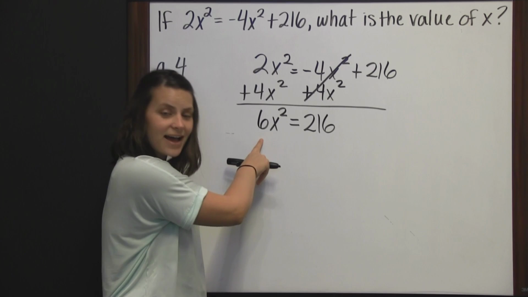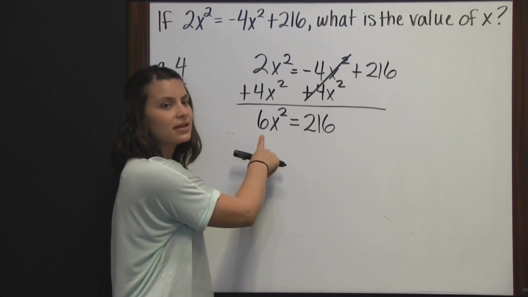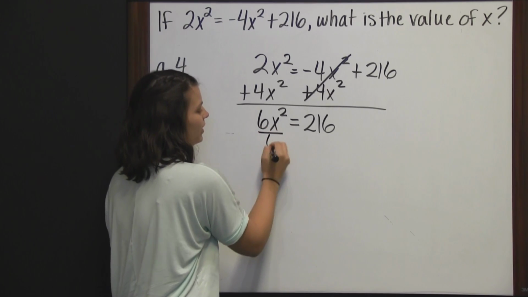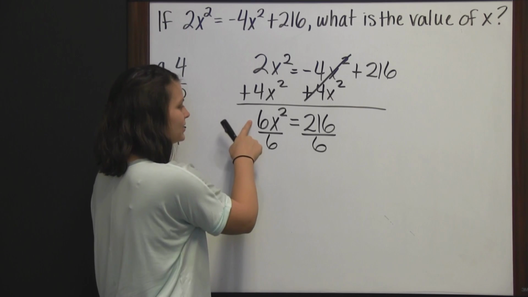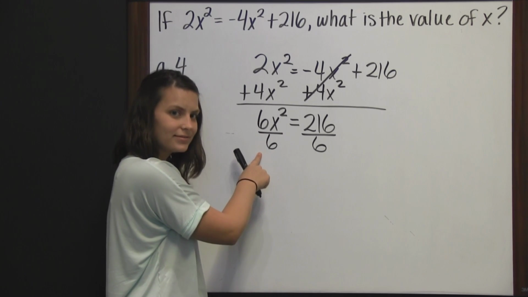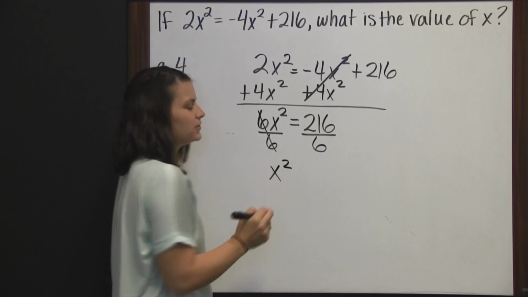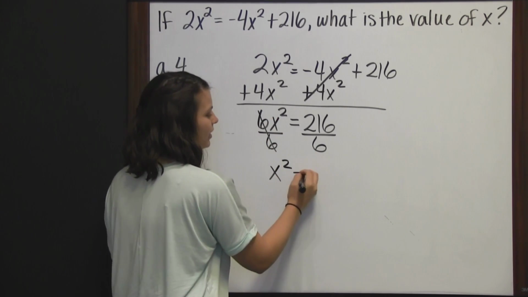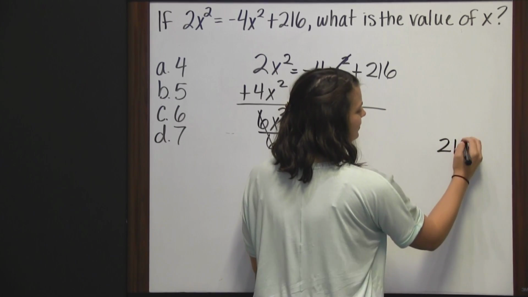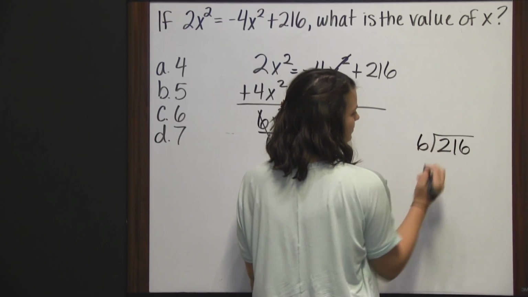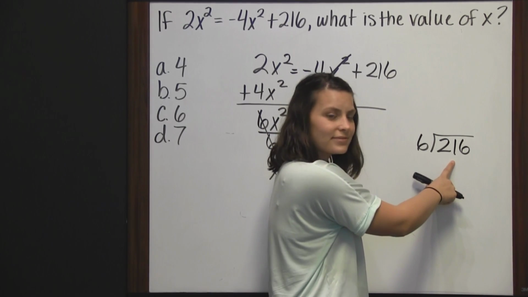So this is 6 times x squared. So to get rid of this 6, we do the opposite of multiplying, which is dividing. Divide both sides by 6. 6 divided by 6 is 1, and 1 times x squared is simply x squared. So those 6's cancel. And that equals, and now we can take 216 and divide it by 6. 6 does not go into 2, but it does go into 21.